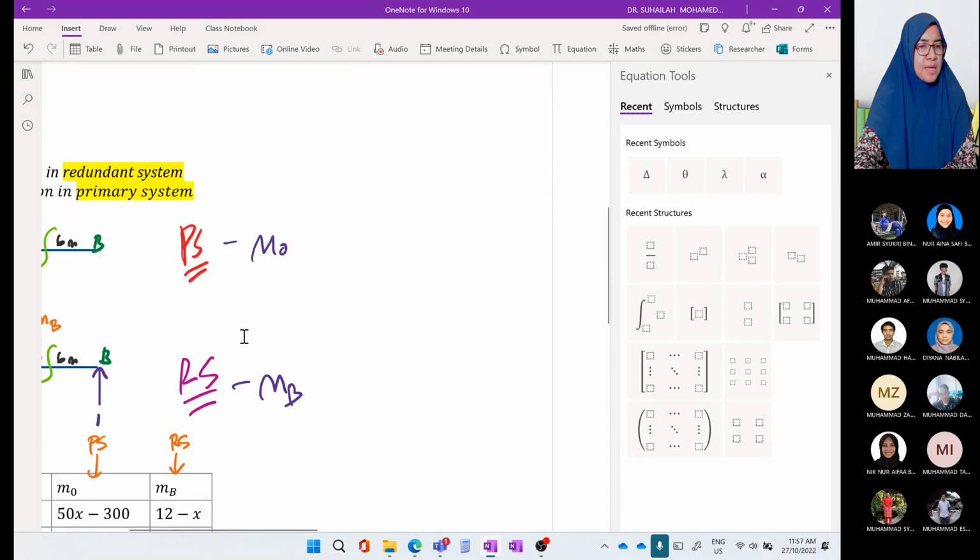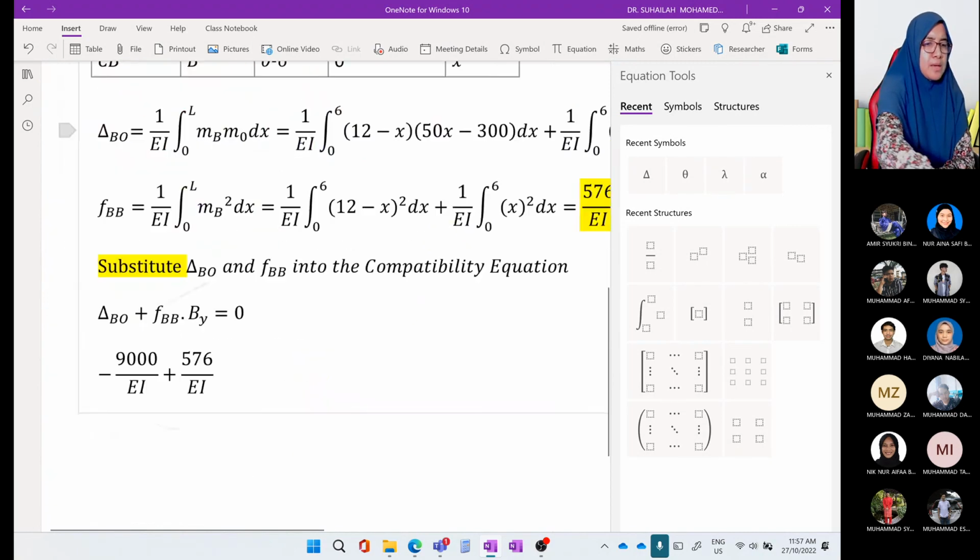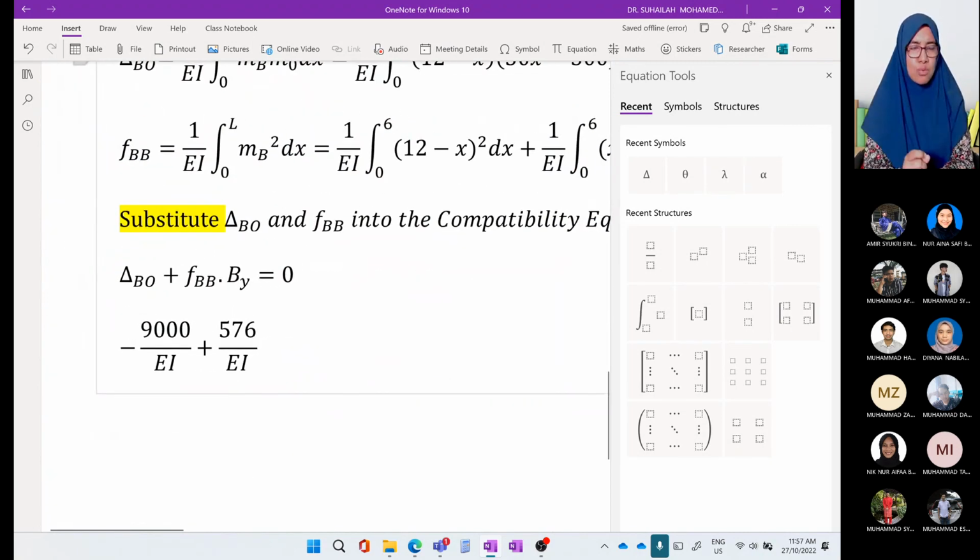For the redundant, we must always times back whatever value, the displacement reaction from the redundant system.